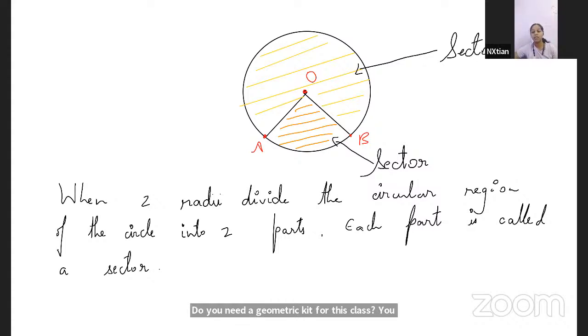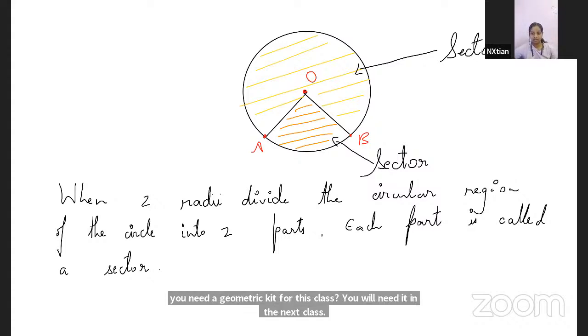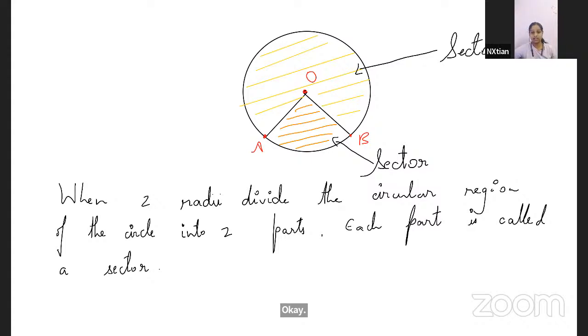For constructing a circle, you'll need a scale, a compass and a pencil. Our next session is on Monday, and you will be needing it for that class.